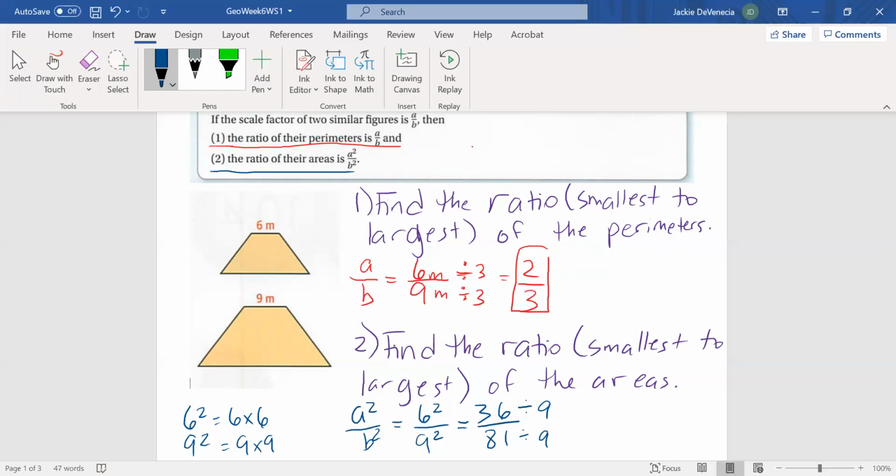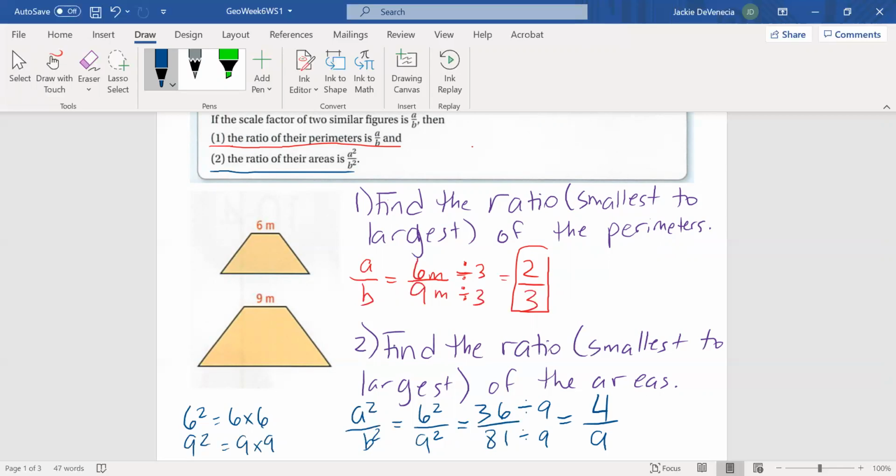The way I'm finding the greatest common factor of both of these is that I'm thinking back to my times tables, from my 8 times tables, 9, 3, 1, all that. So that's how I'm finding out 9 is the greatest common factor between both of them. So if I do 36 divided by 9, I'm going to get 4. And if I do 81 divided by 9, I'm going to get 9.